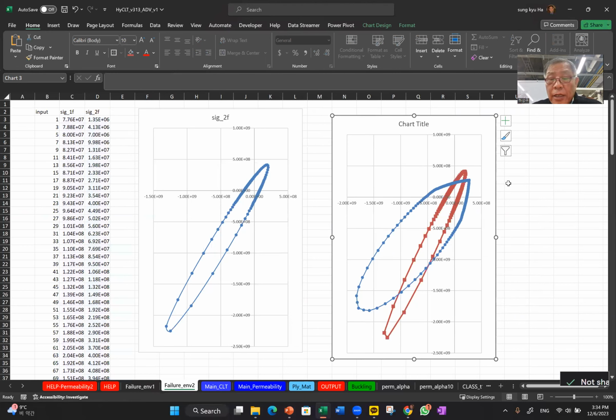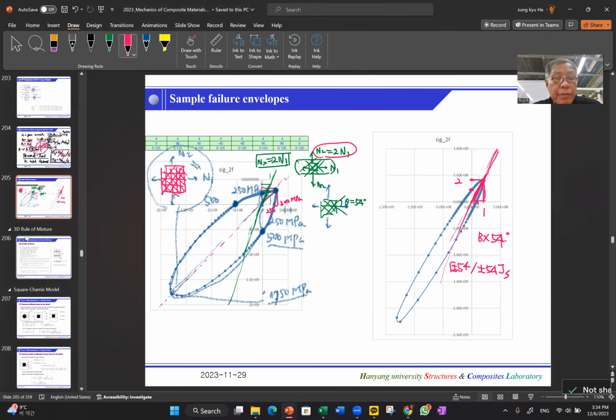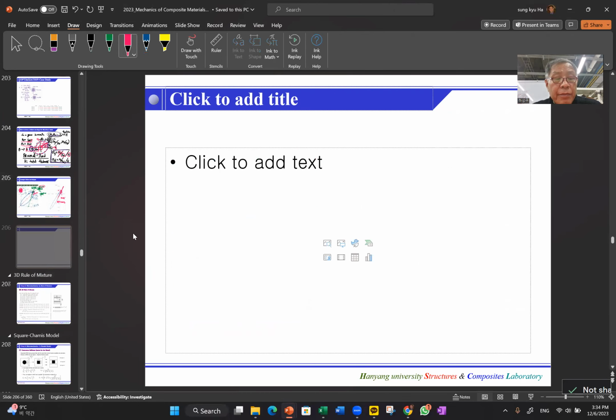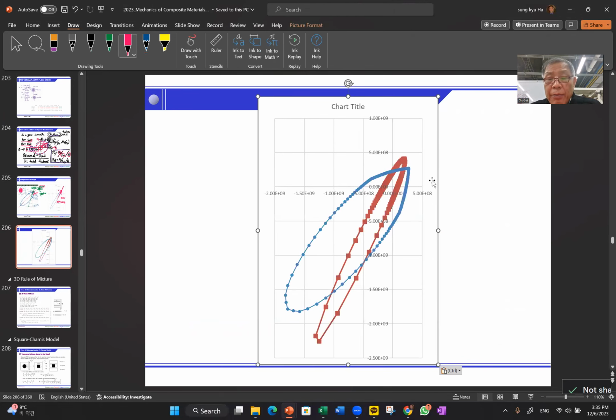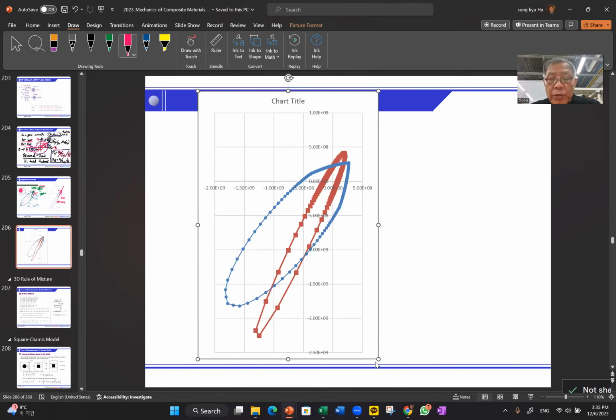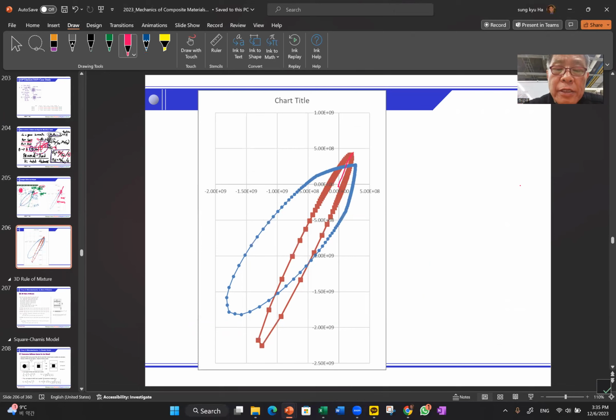As you can see, now you can compare the quasi-isotropic with the biaxial, and even for this pressure vessel, the load ratio is always along this line.